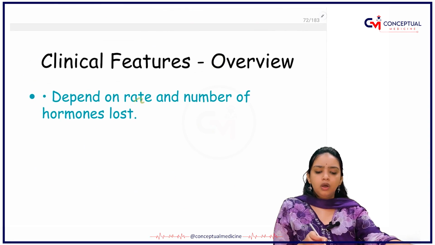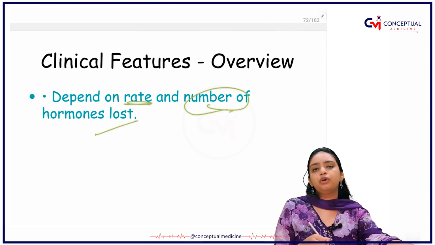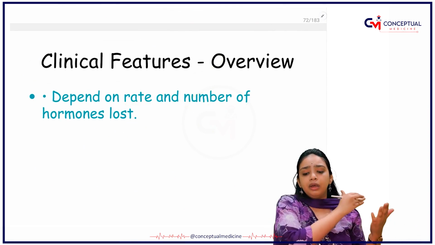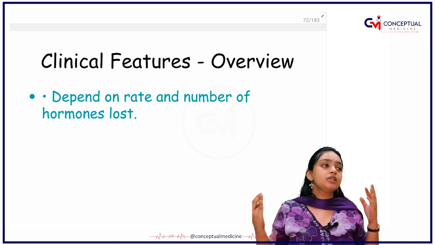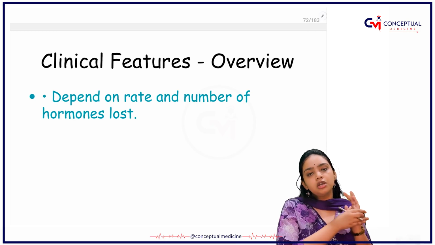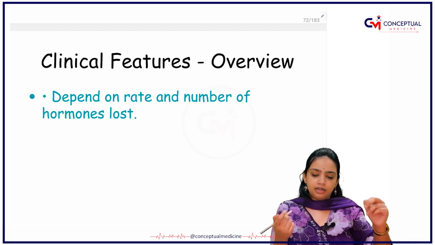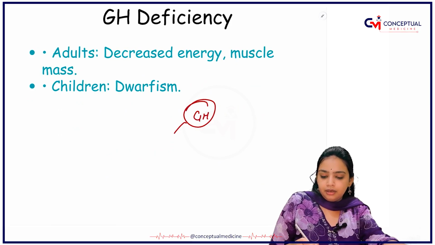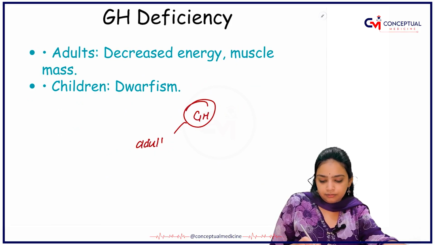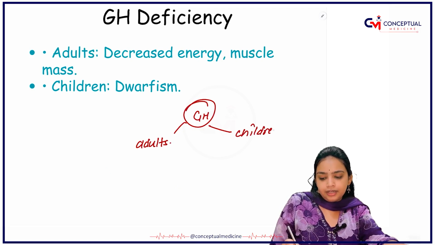Clinical features obviously depend on the rate and the number of hormones lost. If the number of hormones lost is more, then there will be more clinical features, and if fewer hormones are lost, then there will be fewer clinical features. Growth hormone deficiency in adults and in children.